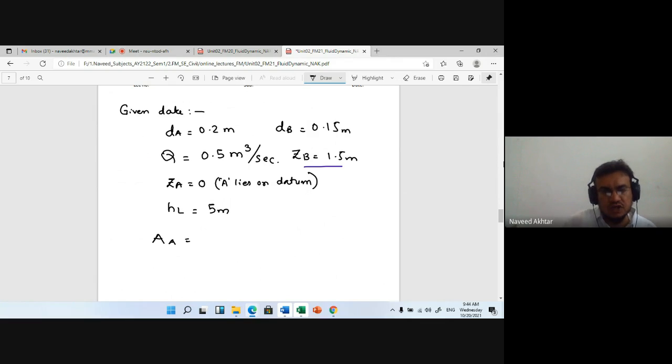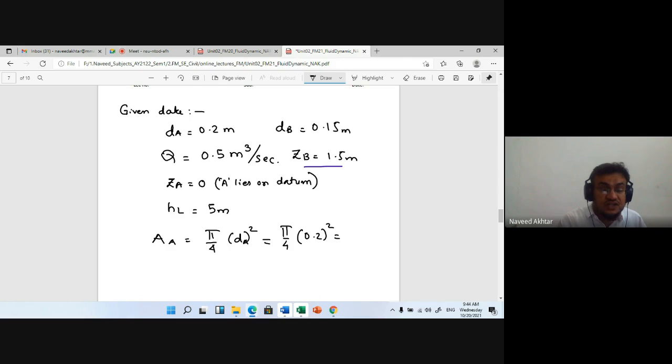Now, because you know the diameter of the circular pipe, we can find out the area. So area at A is nothing but pi by 4 into D square. The diameter is 0.2 meter, and we'll get area in meter square. Why am I finding the area?